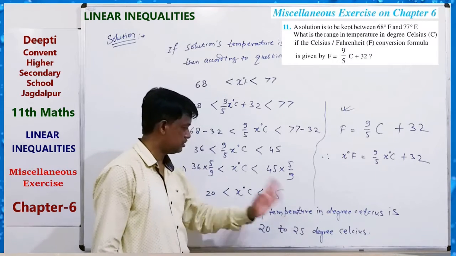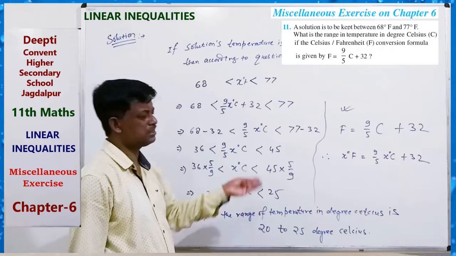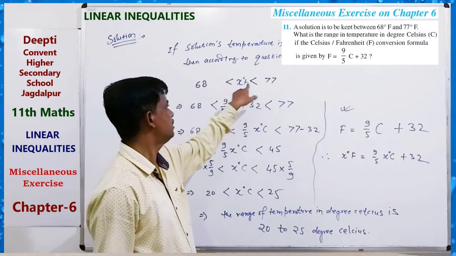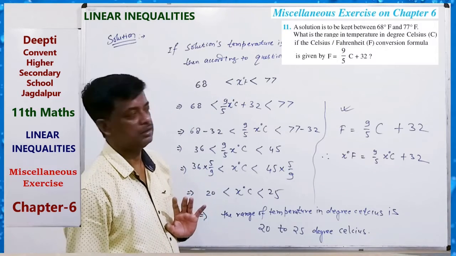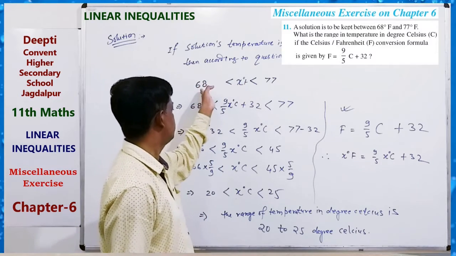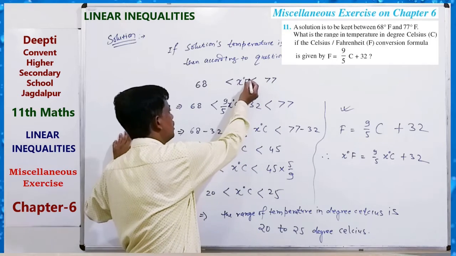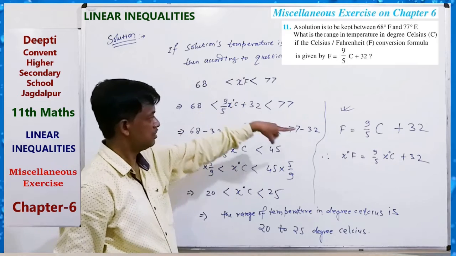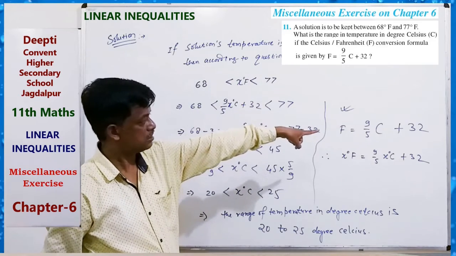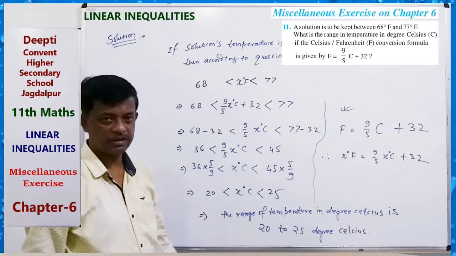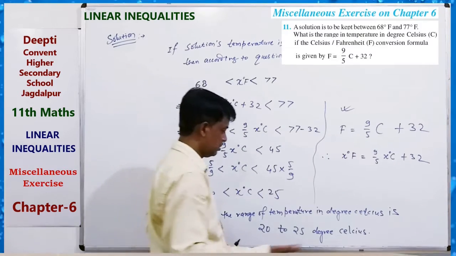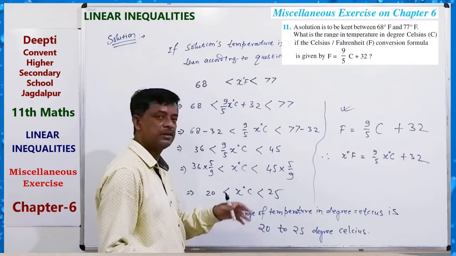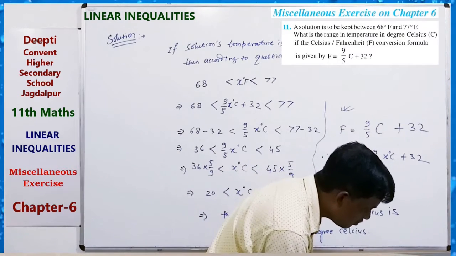Clear? So this is the technique. Just use this formula in between, because the solution is kept in 68 degree Fahrenheit to 77 degree Fahrenheit. Its equivalent in degree Celsius is this. Just put it here and solve it as a linear inequality. Then you can get the range of x degree Celsius like 20 to 25 degree.